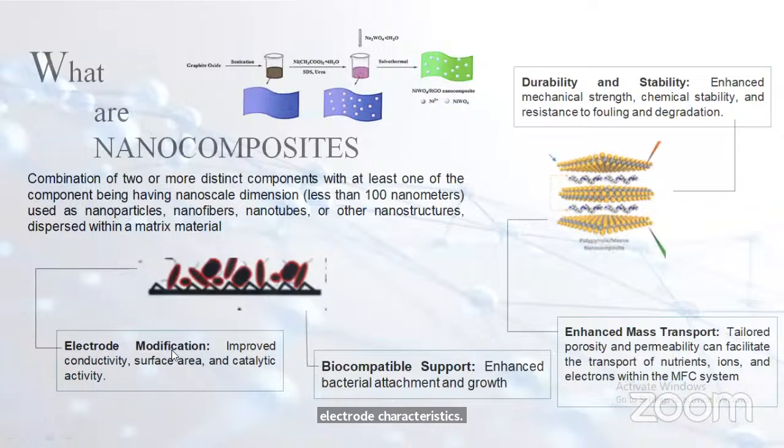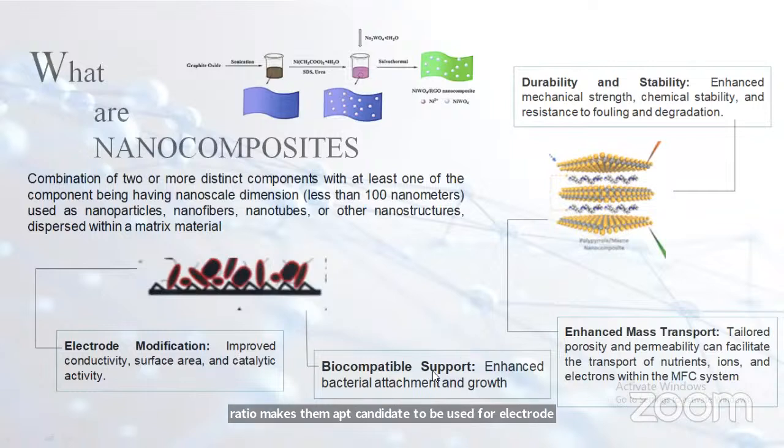Largely, nanocomposites, as we know, have wide catalytic activity, and they have improved conductivity, improved electrocatalytic activity, and high surface area. And this very property of nanocomposites, that is high surface area to volume ratio, makes them apt candidates to be used for electrode modification.